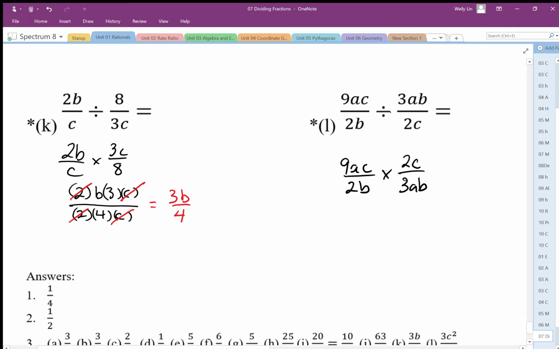So I have some common factors that cancel. So 9 I'm going to express as 3 times 3. I've got a times a times c times 2 and another times c here. C times c, okay. And I've got all my times on top, all my divides.